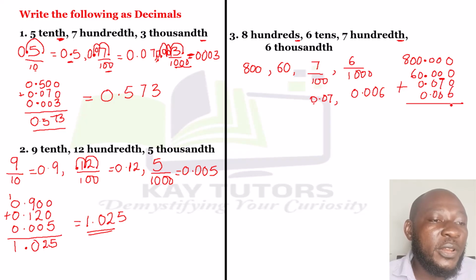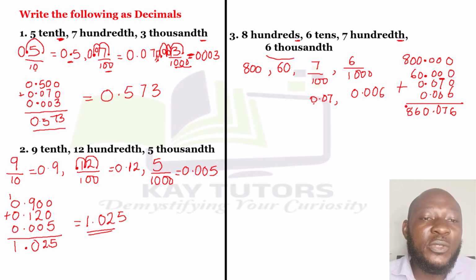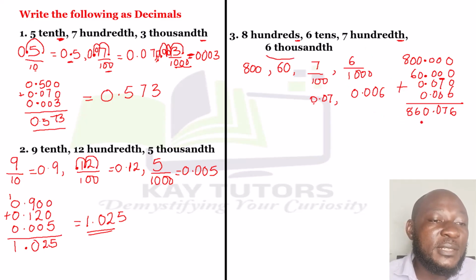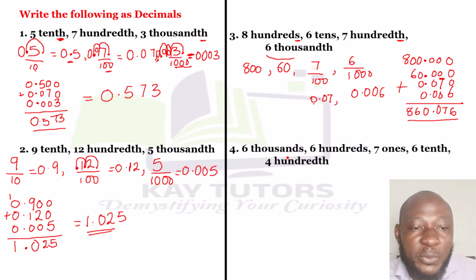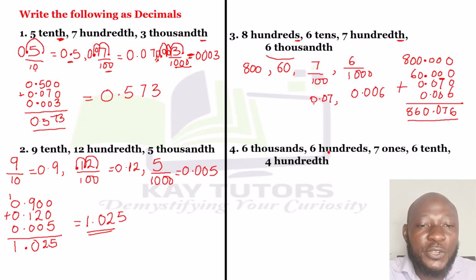So add everything here. You have 6. Here you have 7, 0, point, another 0, 6, and 8. So we have succeeded in writing these numbers as decimals. So the last one here is very, very simple. I expect you to do this and drop your answer in the comment section.